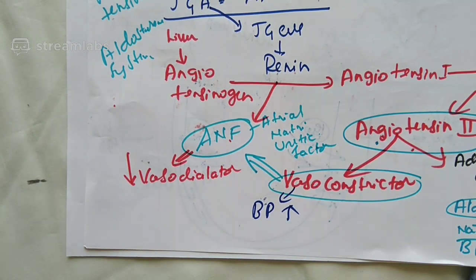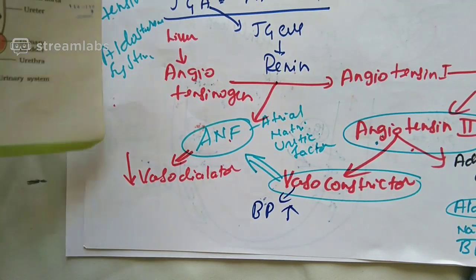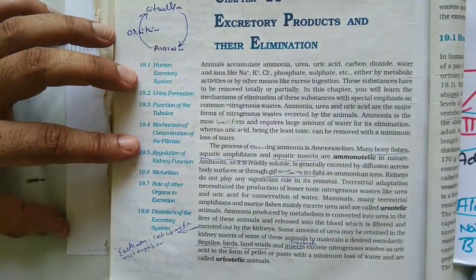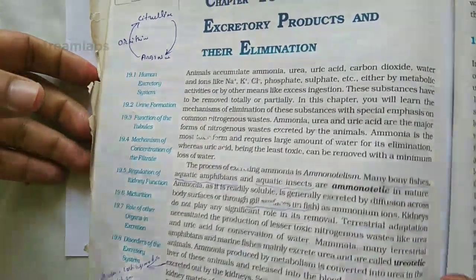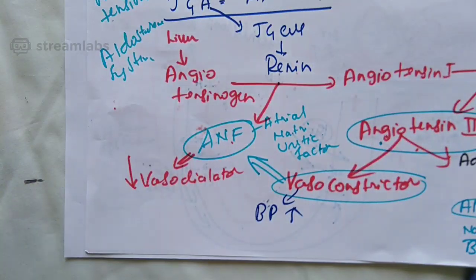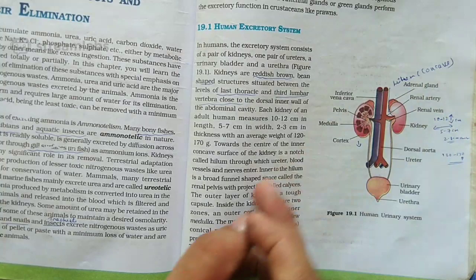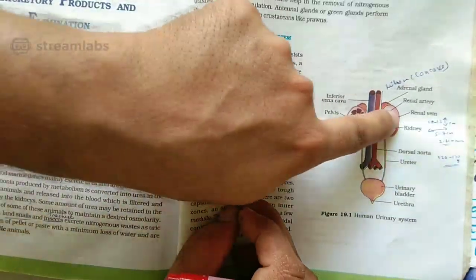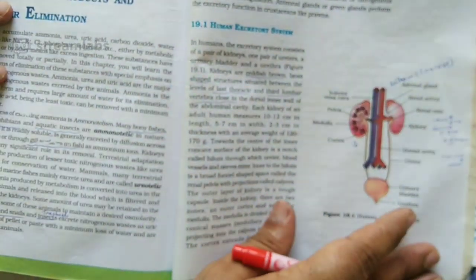So to quickly revise regarding the excretory chapter, see here. Here we discussed initially urea, uric acid and ammonia and their excretory products and toxicity, you should remember. Then regarding structure of the kidney, a little bit only I could discuss, where it's made up of a pair of kidneys, a pair of ureters and one urinary bladder, and you should remember that.